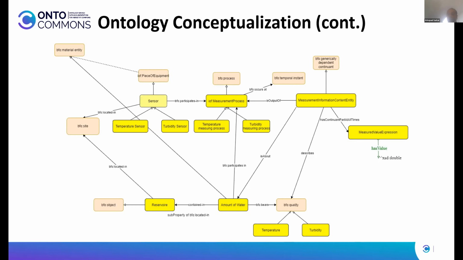The output of the measurement is an information, which in the terms of IOF is called measurement information content entity. It is not shown in this diagram, but you can define your new subclasses for temperature measurement and turbidity measurement under measurement information content entity.